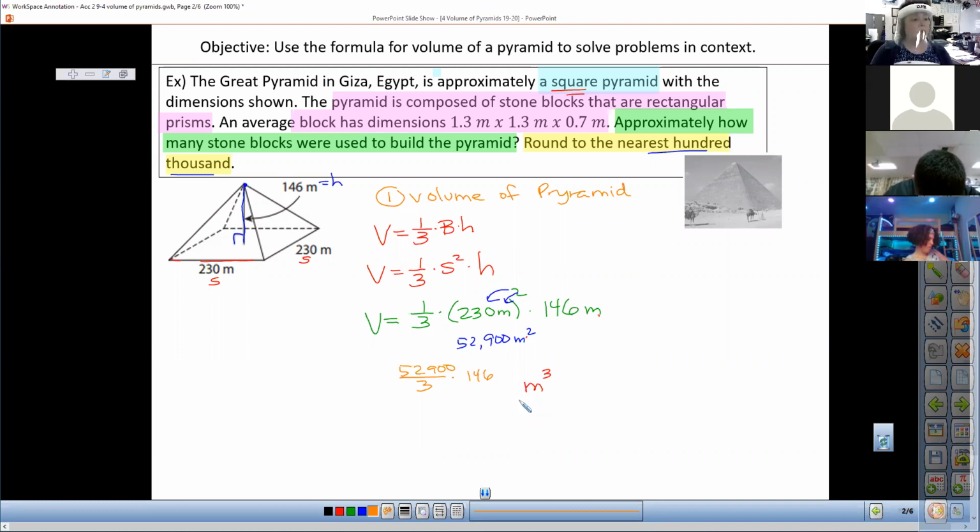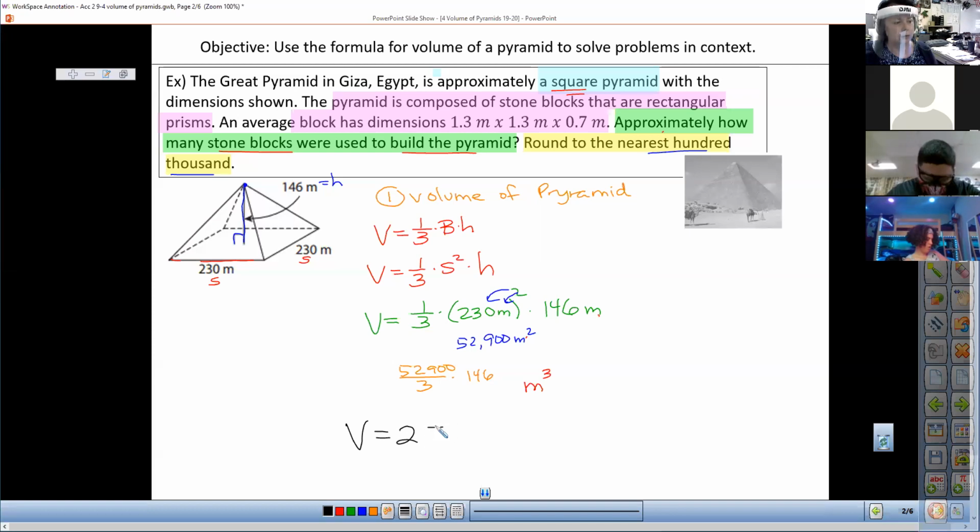All right, now, do I want to round now? And I would say no, because my rounding, remember, is to answer the question of about how many stone blocks were used to build the pyramid. So best practice would be not to round until the very end. So here, my volume is pretty big. Let's see what I've got here.